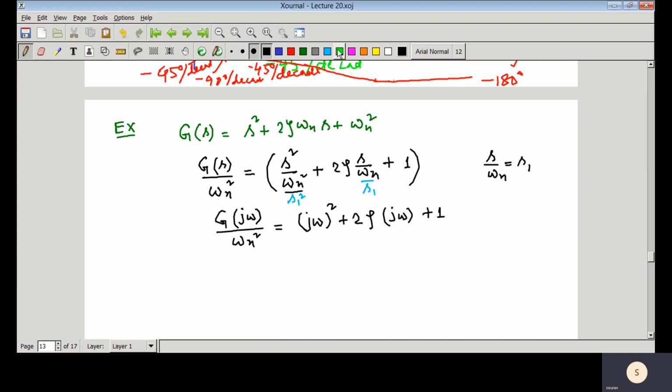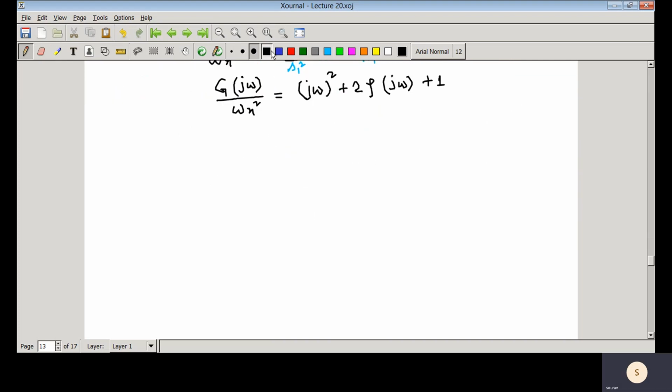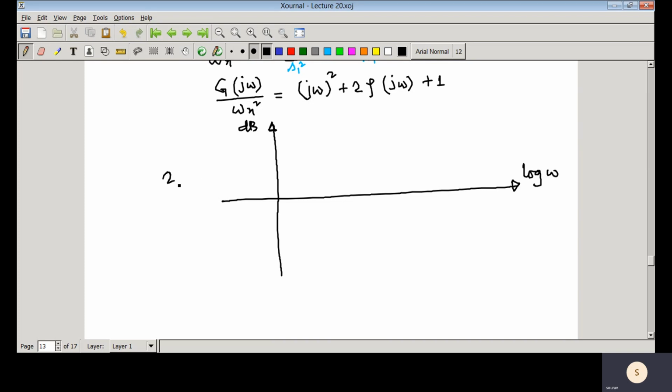So now if we draw the asymptotic Bode plot, how does it look in normalized scale? This is the logarithmic scale frequency, and this is in dB, 20 log of G of j omega divided by omega n square. That is actually in normalized form.